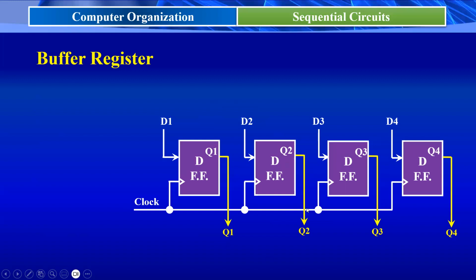These outputs are readily available from these 4 flip-flops. These 4 outputs we consider as the outputs of a register. The job of this buffer register is to hold the data temporarily.